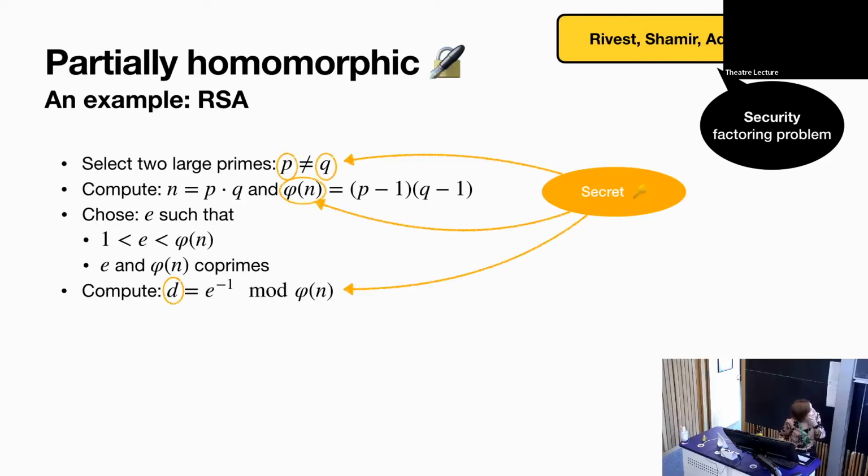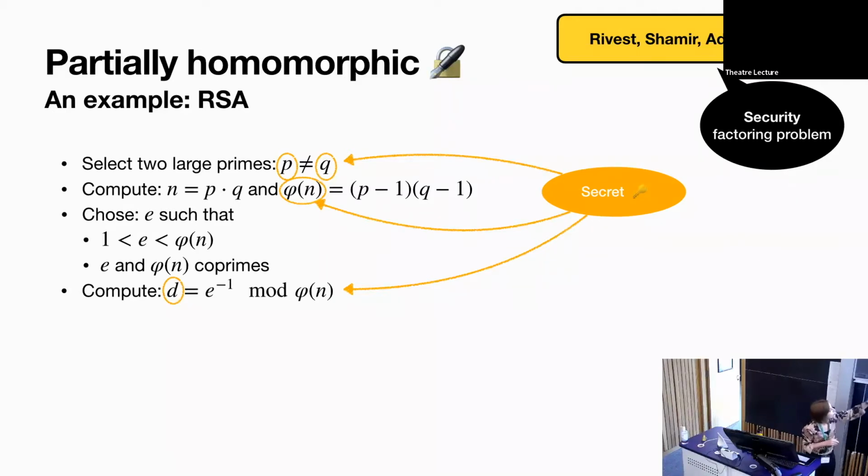In RSA, you select two large primes, different from each other. Again, this is the naive version of RSA. It's not the one that we use in practice, but it will do the job. So you choose two primes p and q that are kept secret. You compute n = p times q, you compute phi of n. Also, you choose a small quantity e that is co-prime with phi of n and smaller than phi of n.